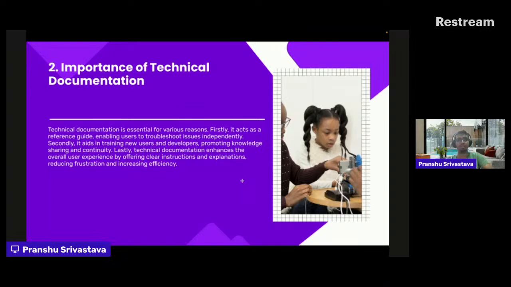And if a project does not have good documentation, obviously people will have a hard time contributing to that project, and most of the people will give up, and that project will not really take off in the long run. So, in the case of open source projects, technical documentation is of prime importance.